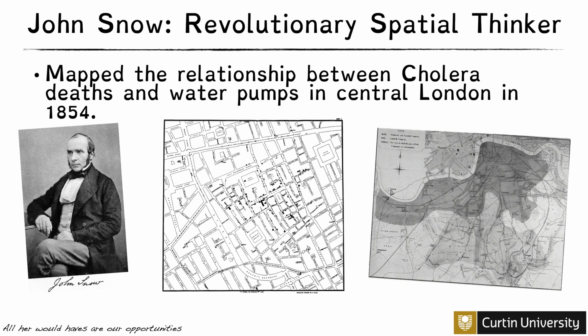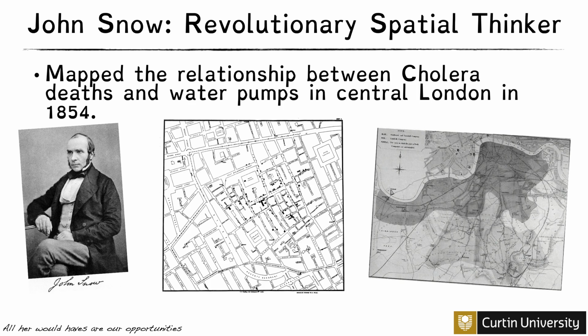Well, in London in the 1850s, people were dying of cholera. Now, cholera is a waterborne bacteria that kills people if it's not treated. And back in those days, it was a very common form of death in London. Now, what he did was he looked at maps.